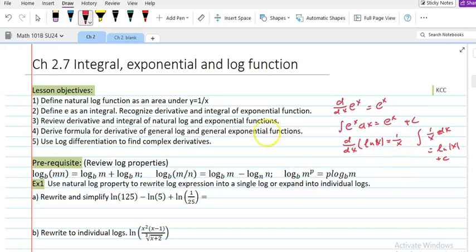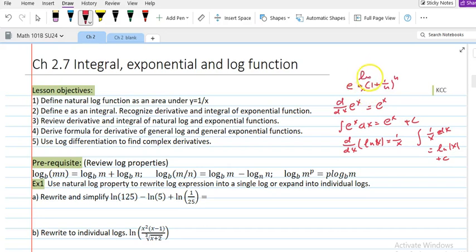So this is the objective. The objective is to redefine the log, or natural log function, not as the inverse of e^x, but as an area function. And then define our e. In the past, we have defined e as 1 plus 1 over n to the power n, when n is really, really big.